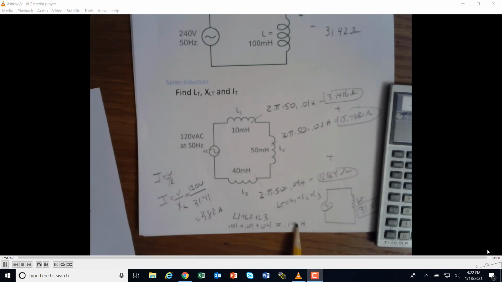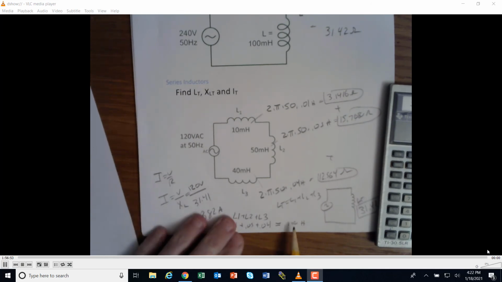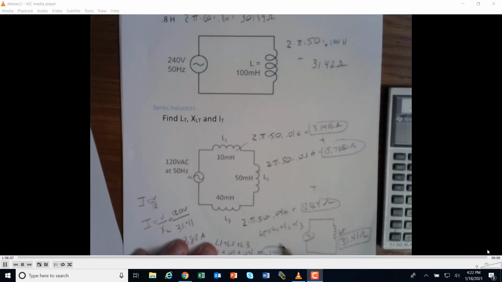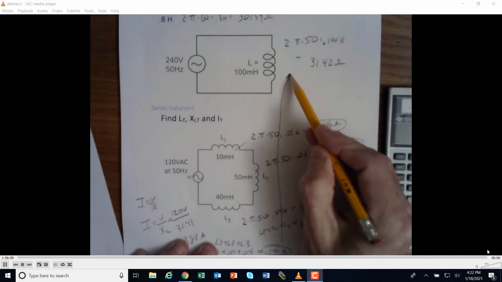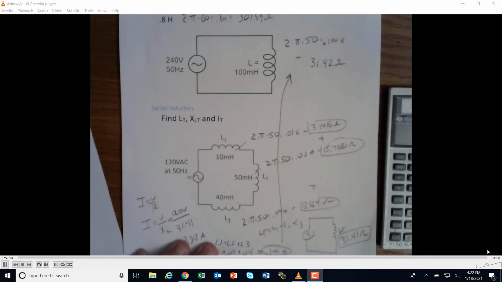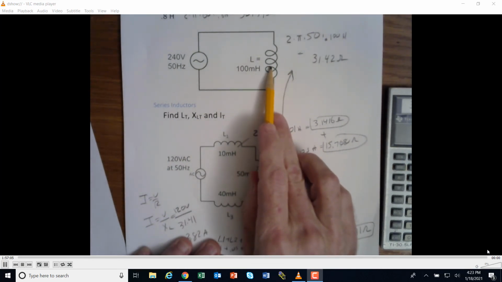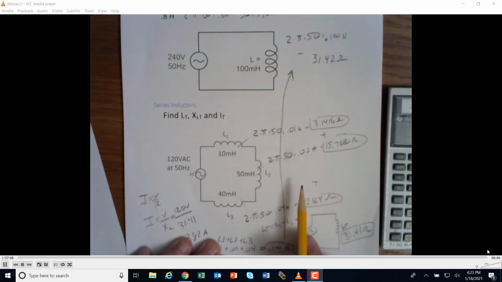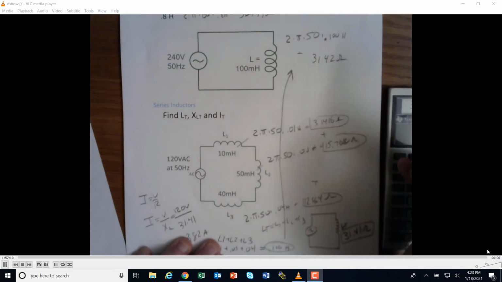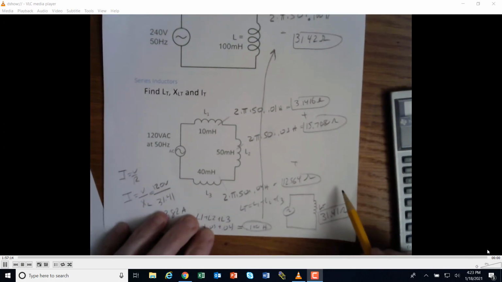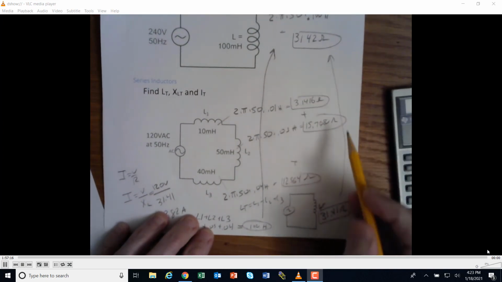And then we could have applied it to the formula 2 pi 50 times 0.1, just like we did here. We could have combined these into the single inductor and then run the math on it, and we would have got 3.142. And you'll notice that these are pretty close to the same right here, okay?